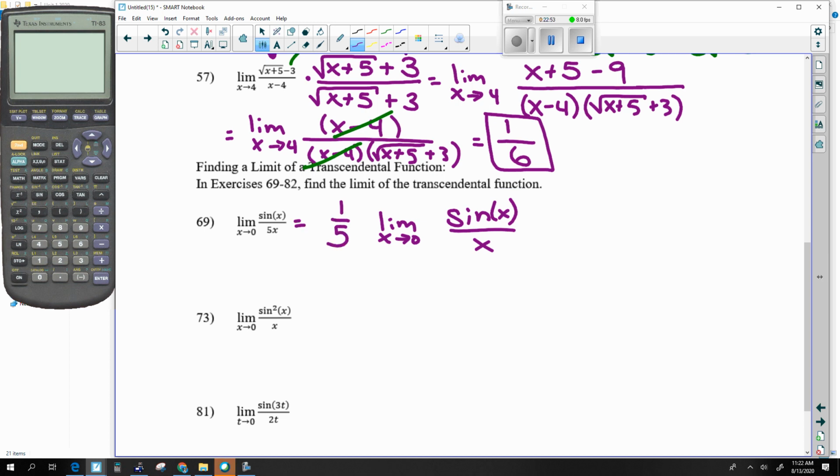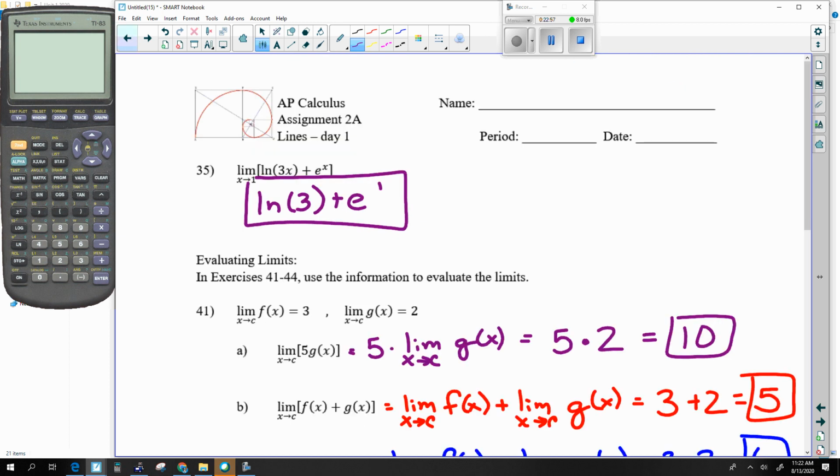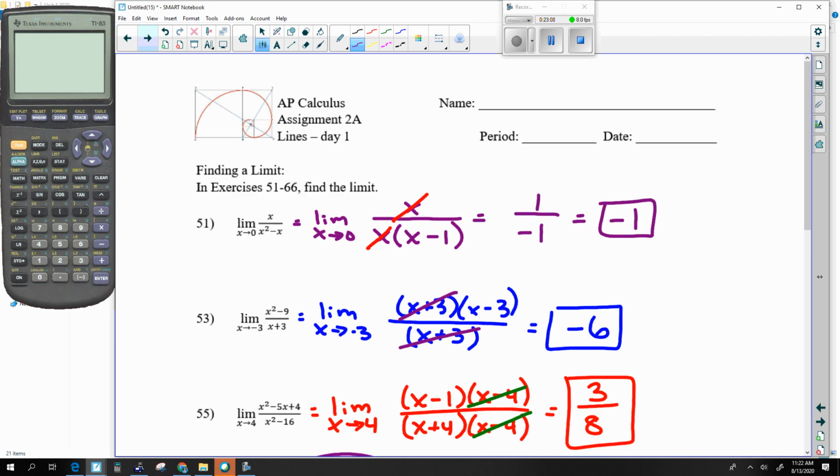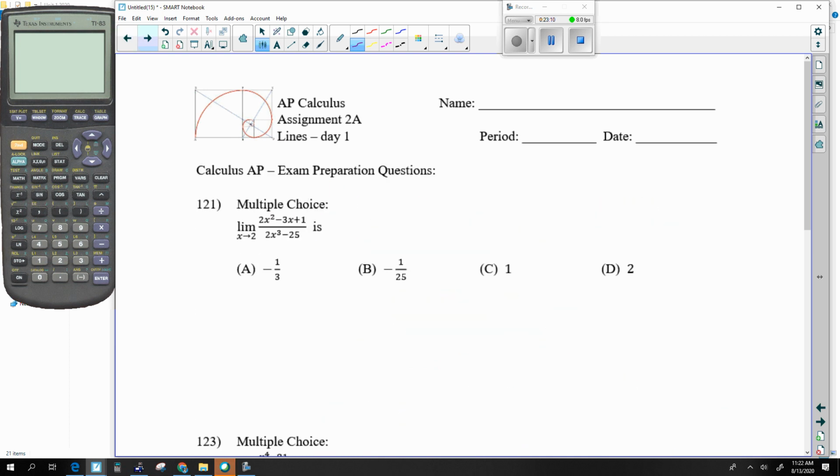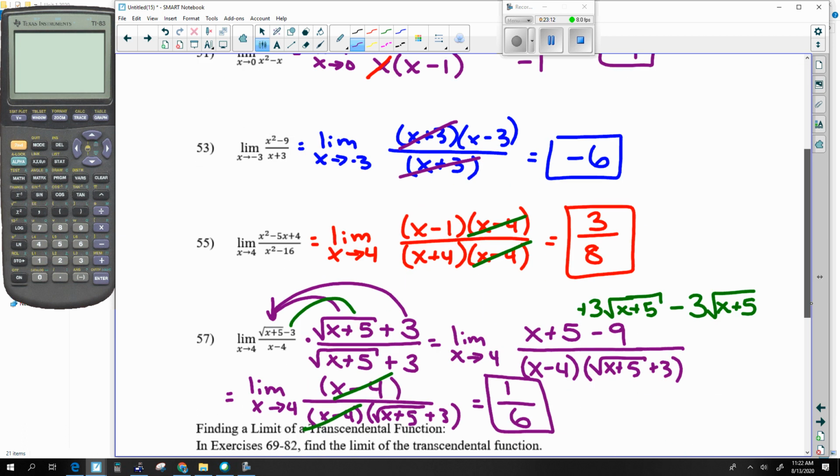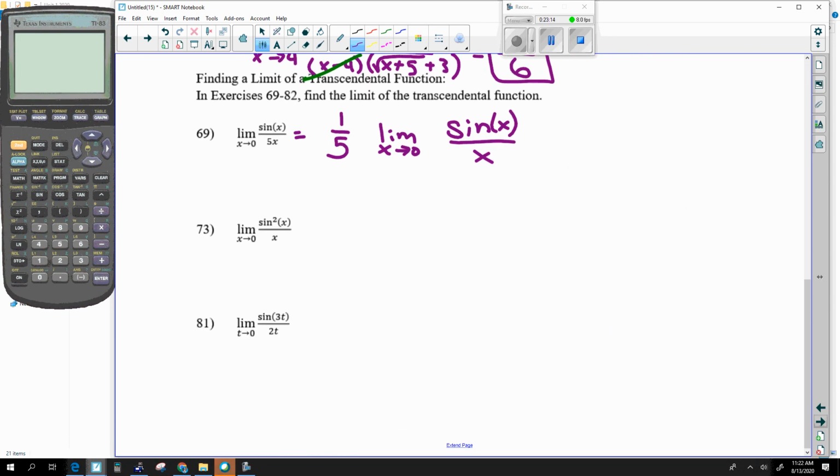Okay, so 1/5 can be factored out, and this is a version of 41 letter A, which is a similar problem. Okay, so that is the idea behind it. Knowing that sine x over x is equal to 1, this is equal to 1/5 times 1, which is 1/5.